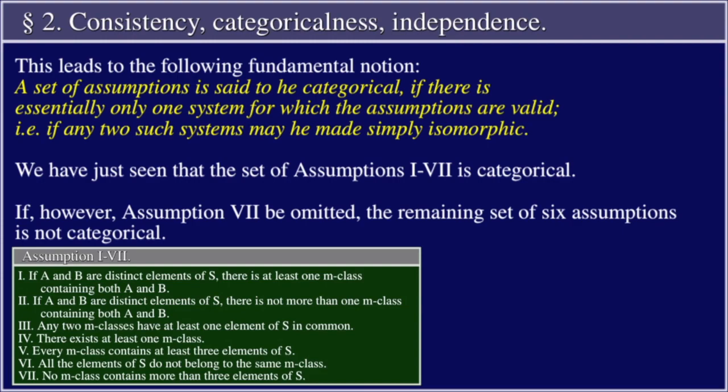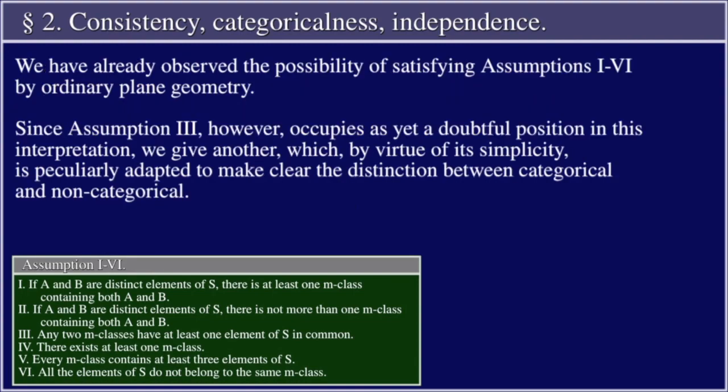If, however, assumption 7 be omitted, the remaining set of 6 assumptions is not categorical. We have already observed the possibility of satisfying assumptions 1 through 6 by ordinary plane geometry. Since assumption 3, however, occupies as yet a doubtful position in this interpretation, we give another, which by virtue of its simplicity is peculiarly adapted to make clear the distinction between categorical and non-categorical.